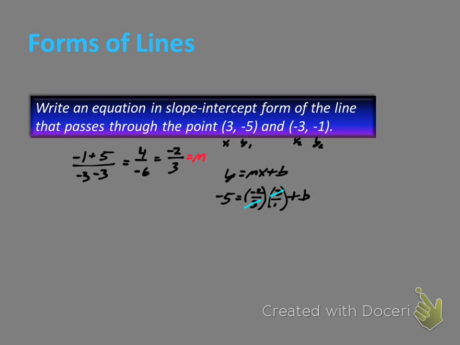These 3's cancel out, so that whole side just becomes -2. And add 2 to both sides. So b equals -3. And don't forget to rewrite it: use the slope, use the b. So y equals -2/3 x minus 3.